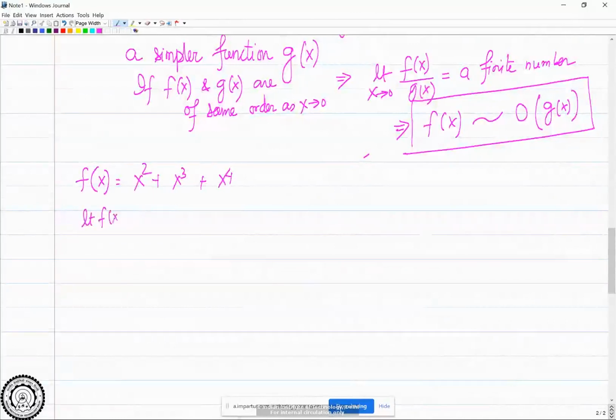So limit x tending to 0 of f(x) by x squared. What does it come out to be? This will be 1, isn't it? Even though these other terms are present, it is still 1. So this simply means f(x) is of the order of x squared.